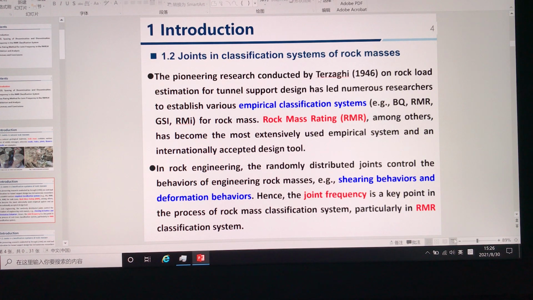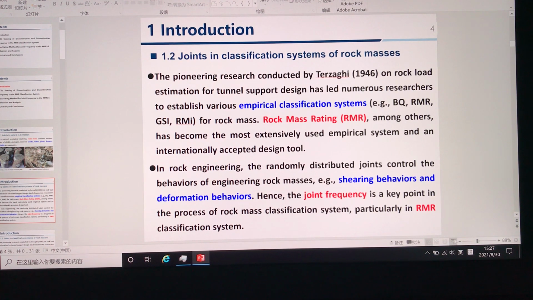Next, we will talk about rock mass classification systems. Today, there are many empirical classification systems. For example, basic quality in the Chinese national standard, rock mass rating, geological strength index, and so on. Among these classification systems, rock mass rating, denoted as RMR, has become the most extensively used empirical system and an internationally accepted design tool.